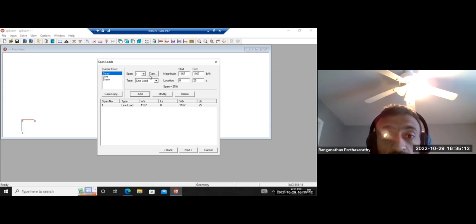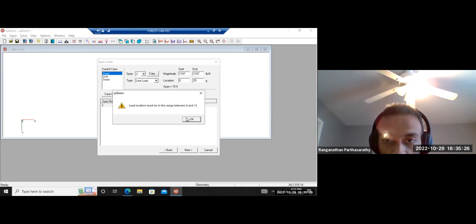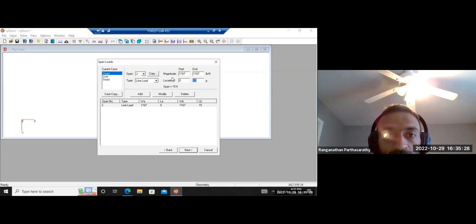Okay. For span 2, still the same, but span 2 is only 15 feet. Oops, only span 1. Yeah, span 2 is 15. And this should be span 1.